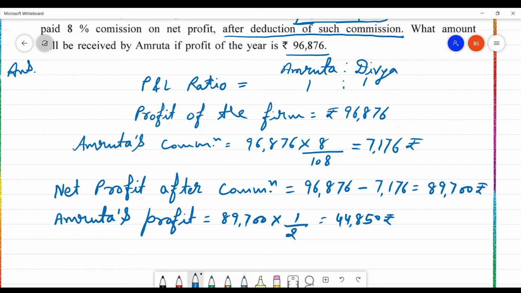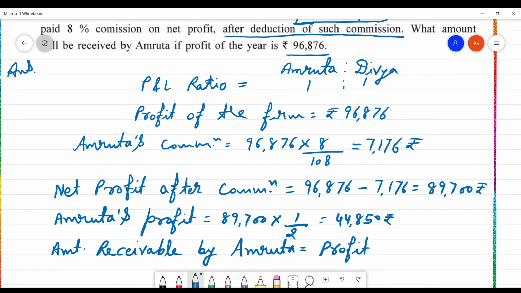What did we want to find? Amount received by Amruta. So amount receivable by Amruta equals, she gets profit, she also gets commission.